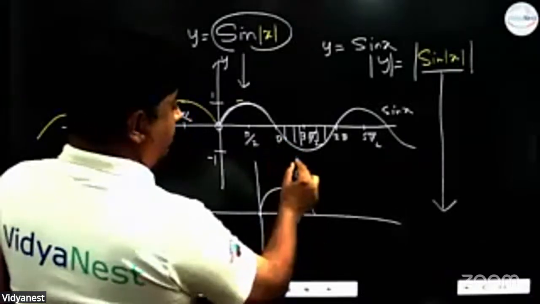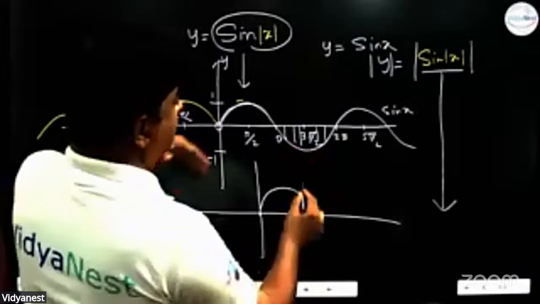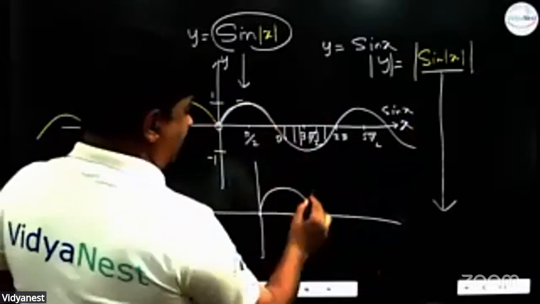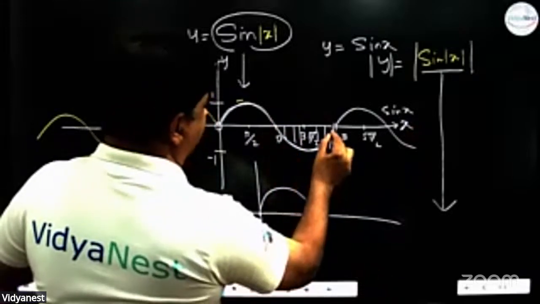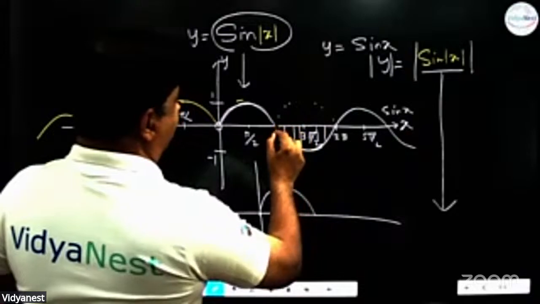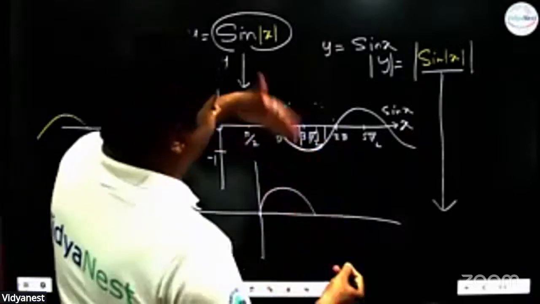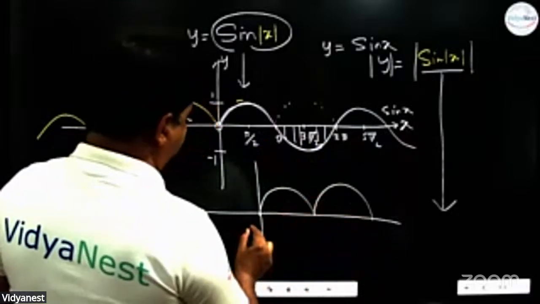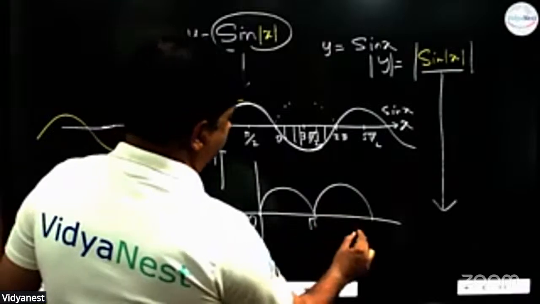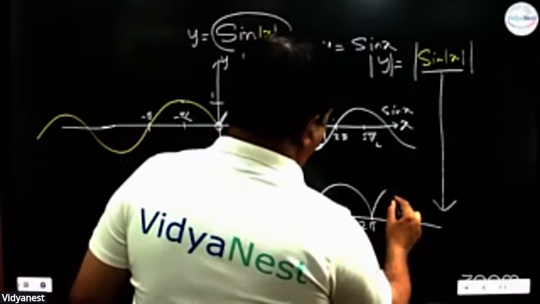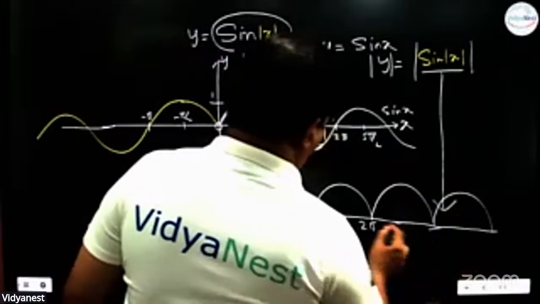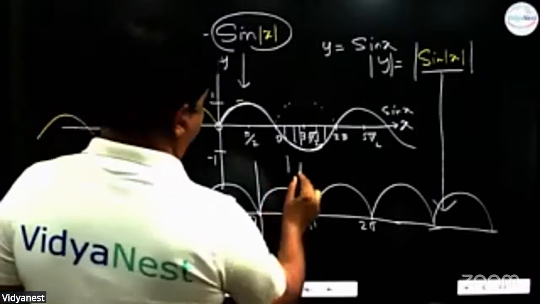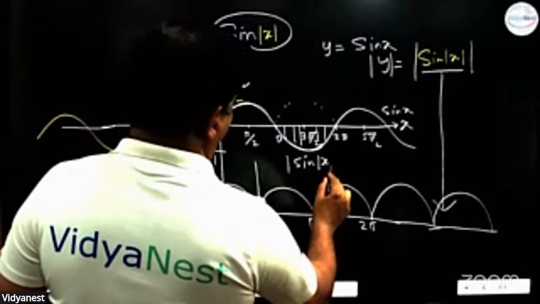But the part which lies below the x-axis will have its image with respect to the x-axis now. So that part will be reflected above the x-axis. Understand? Yes, sir. 2 pi, 3 pi. So the figure will be like this. That is sine of mod x.